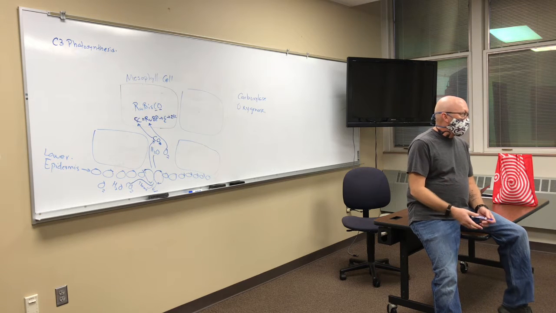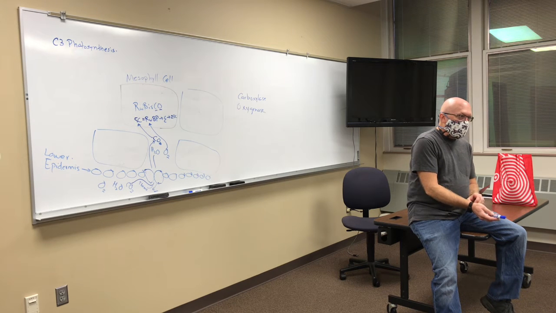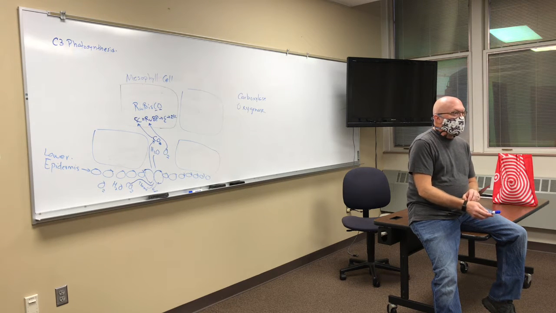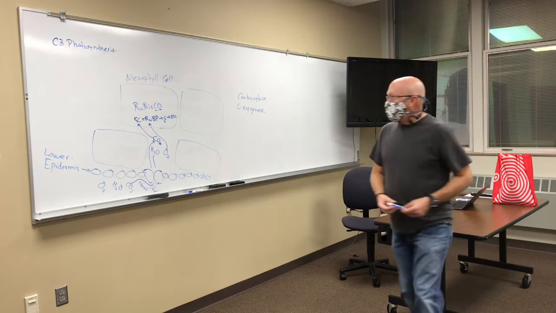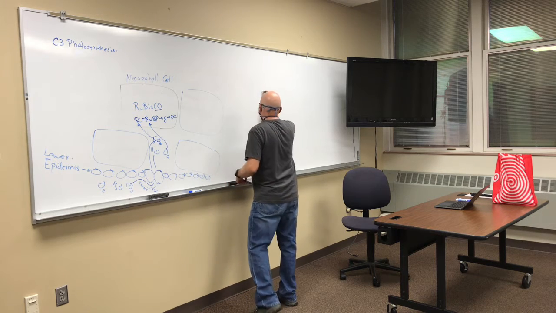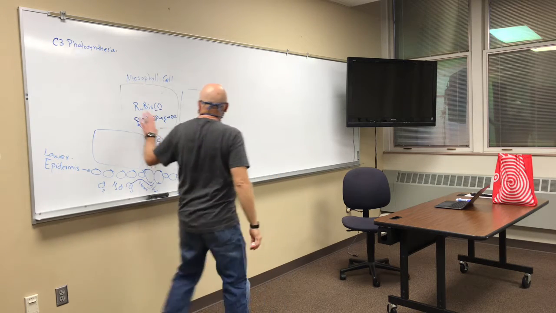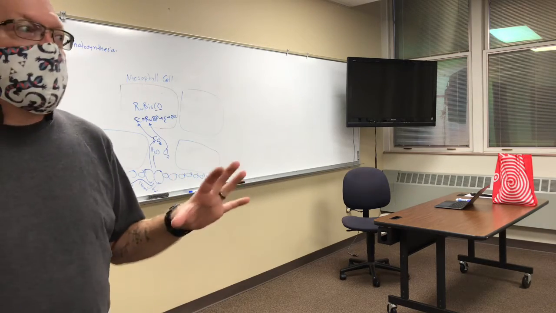So if you're a C3 plant in a hot, dry environment, you tend to lose a lot of water in your goal to get enough carbon dioxide to do photosynthesis. So C4 plants have come up with a different way of doing photosynthesis. And instead of photosynthesis all occurring in the mesophyll cells, where does photosynthesis in C4 plants occur?